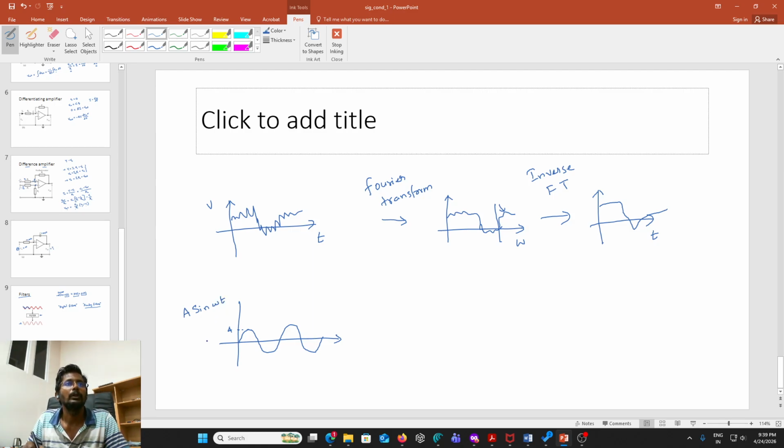If that's the case, let's say this is the time period, and this cycle is being repeated again, and this is time. So the relation between this omega and T is equal to 1 by omega.